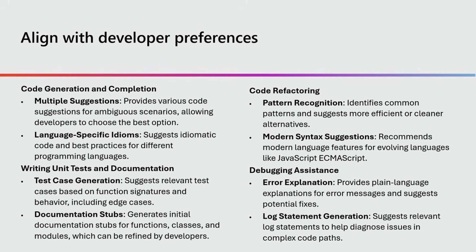Copilot also supports code generation, testing, as well as documentation, offering multiple suggestions to ensure developers retain control. The value is not automation for automation's sake. It's all about giving you different choices, accelerating routine tasks, and improving code quality without removing human judgment.